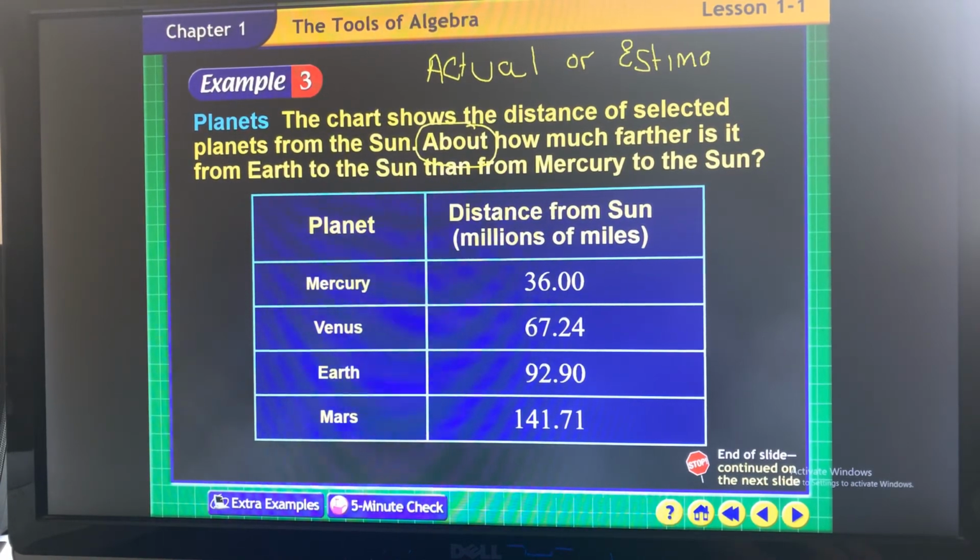Based on the question and the fact that it said the word about, I would hope that you would choose an estimation. So it says, about how much farther is it from Earth to the sun than from Mercury to the sun?